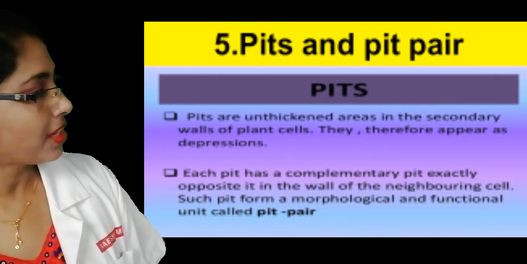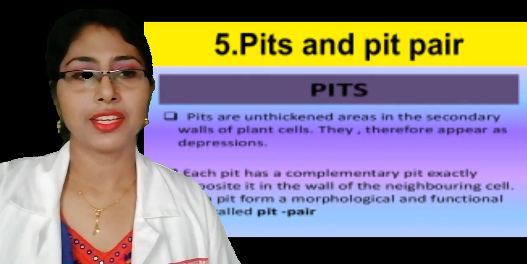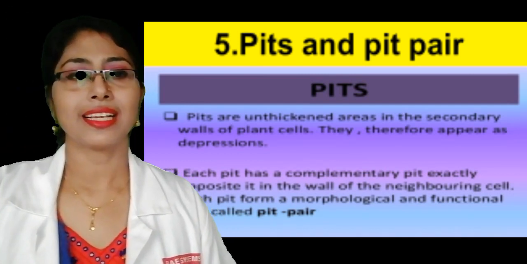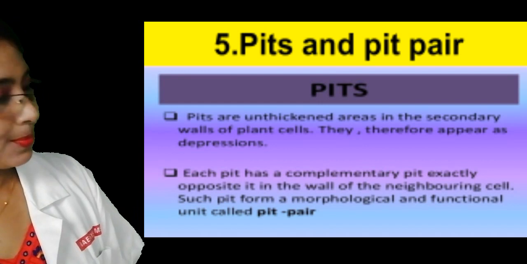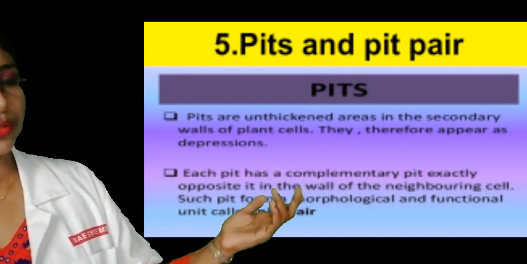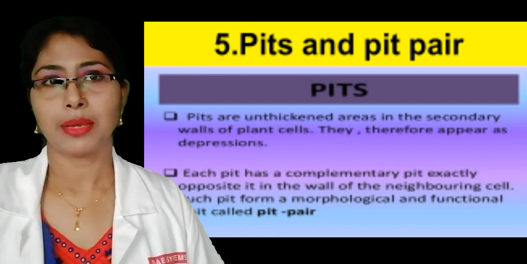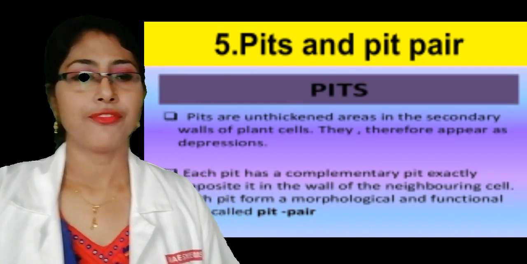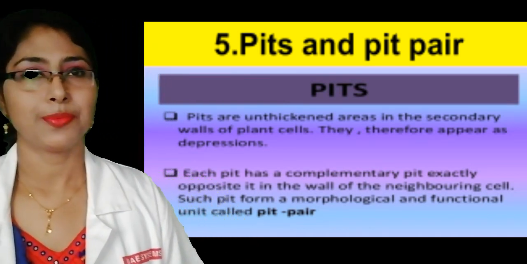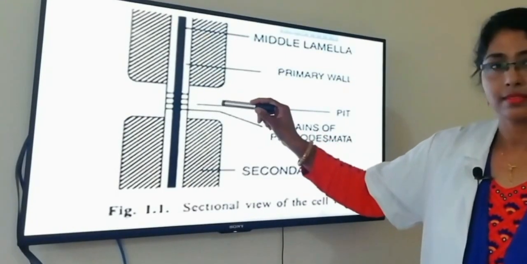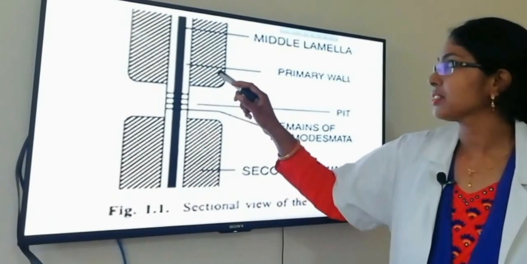Okay, then pits and pit pairs. Pits are unthickened areas in the secondary walls of plant cells. They therefore appear as depressions. Each pit has a complementary pit exactly opposite in the wall of the neighboring cell. Such pits form a morphological and functional unit called pit pair. So this is the pit, the unthickened area of secondary cell wall.